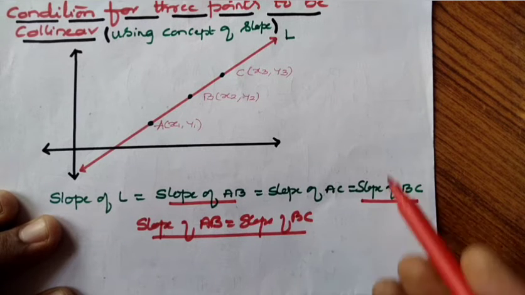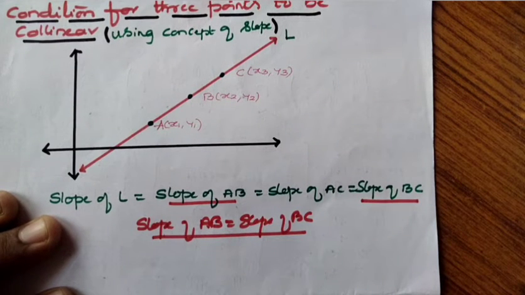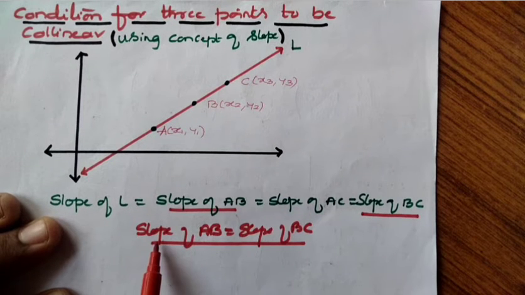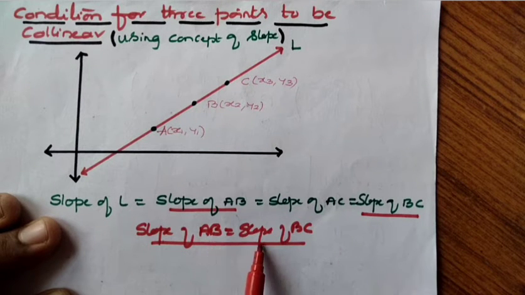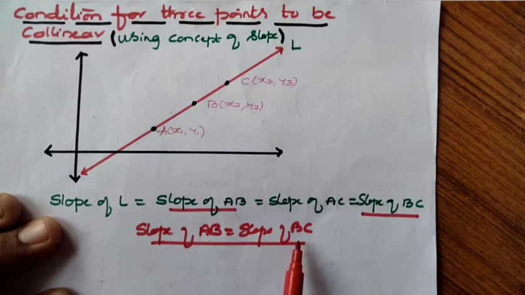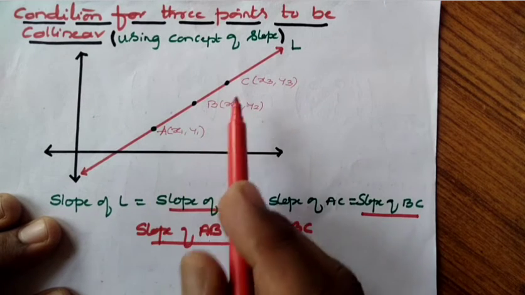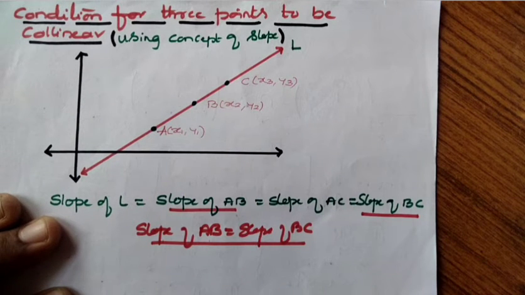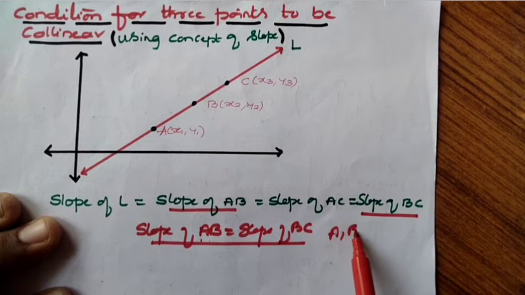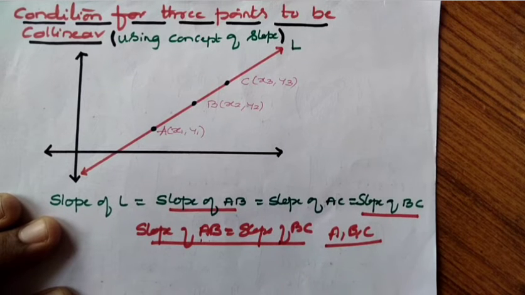Just think in the converse manner. What do we mean by the converse manner? Suppose the slope of AB is equal to the slope of BC. What do you find, analytically and geometrically? A, B, C are points lying on the same line. Yes or no? Points lying on the same line means that they are collinear. So here is the condition: if the slope of AB is equal to the slope of BC, then the points A, B, C are collinear.